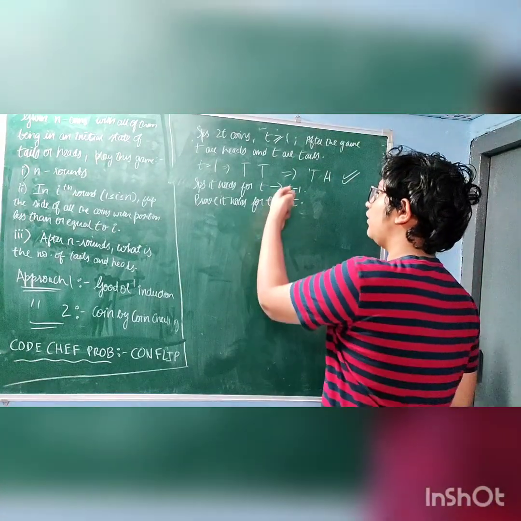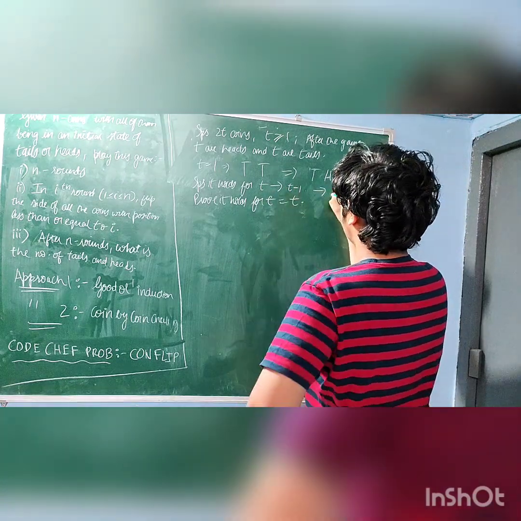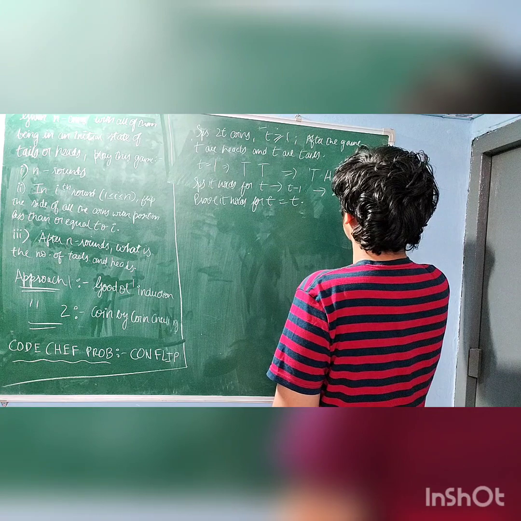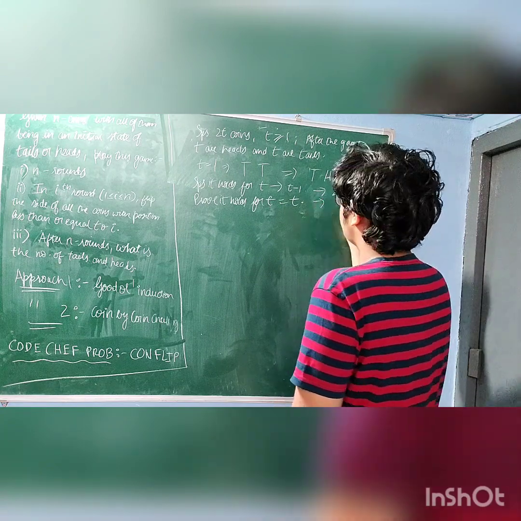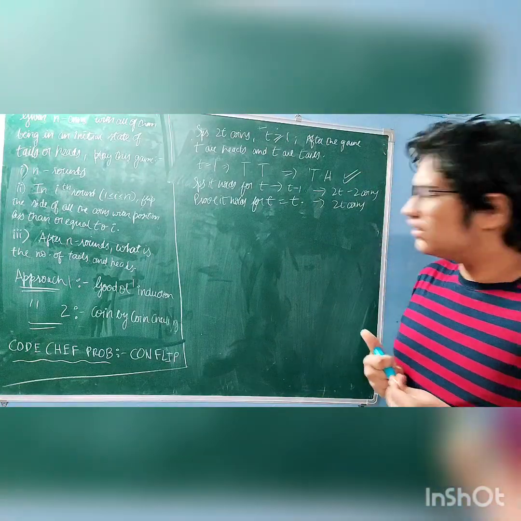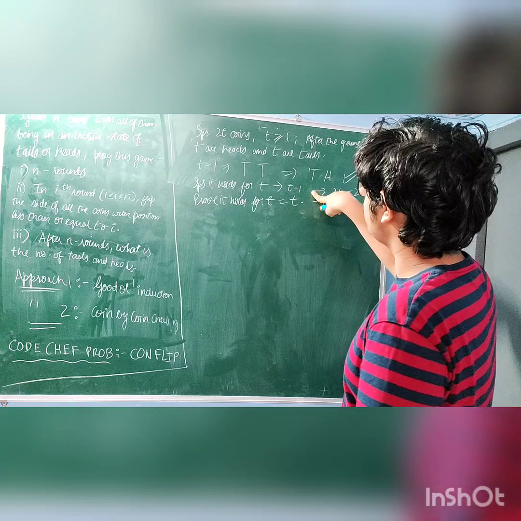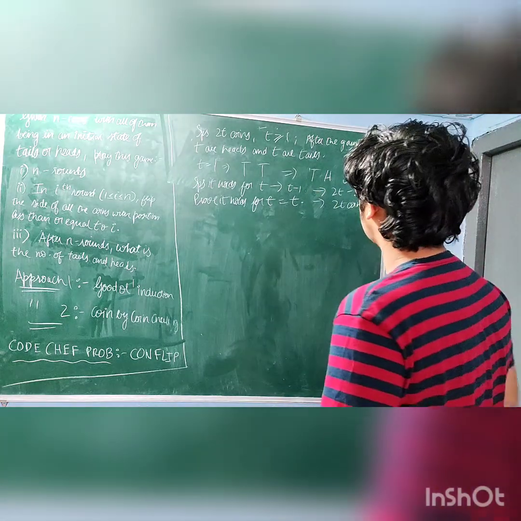Okay, let's build off of this case. In this case, we have 2t minus 2 coins. In this case, we have 2t coins. So what we shall do is append these extra 2 coins to this chain after playing 2t minus 2 games.